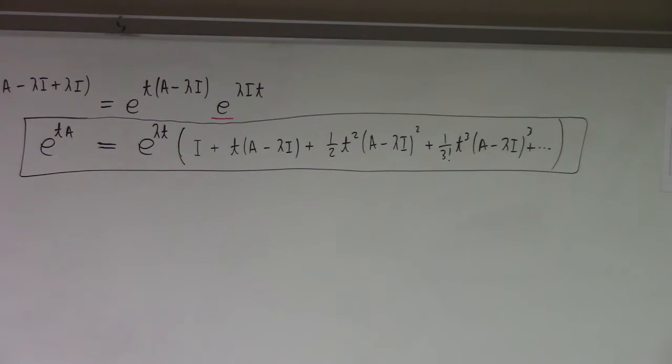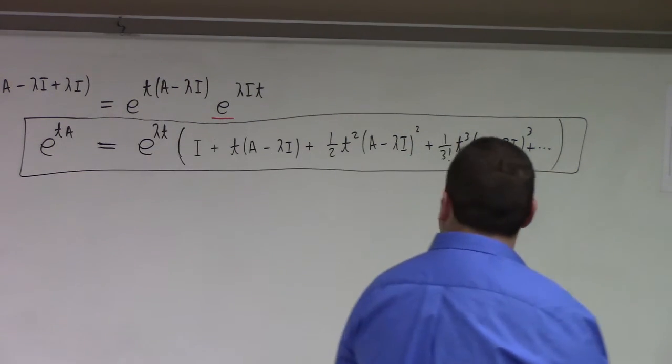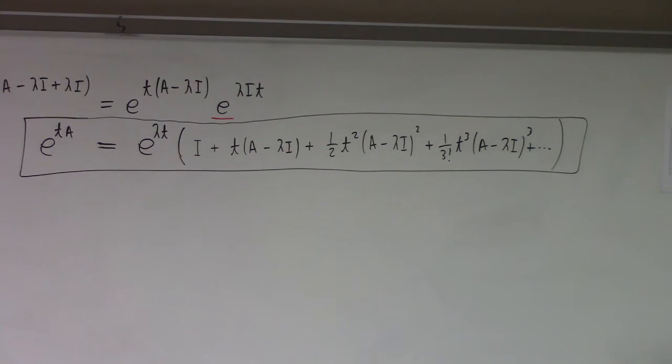This would still make sense. Well, if lambda is complex, I think I've gone to the complexification of the exponential, technically speaking, to be fair. And there it is. Now, who cares? What does this help you?